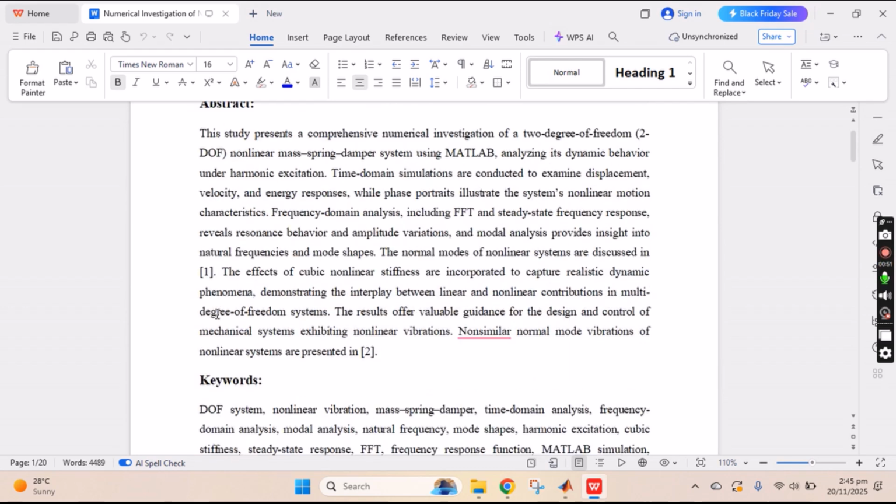In the abstract, we have developed the effect of cubic nonlinear stiffness, which is incorporated to capture realistic dynamic phenomena, demonstrating the interplay between linear and nonlinear contributions in multi-degree of freedom systems. The results basically provide guidance for the design and control of mechanical systems.